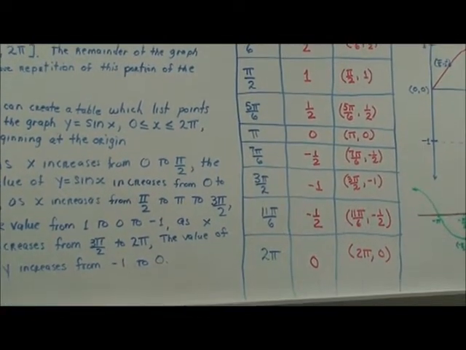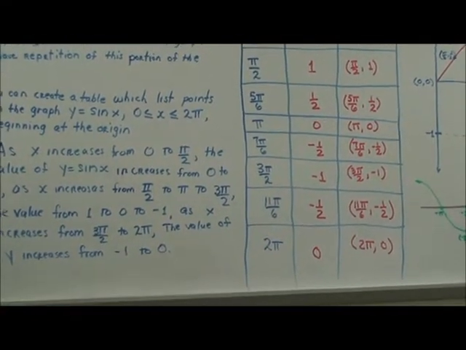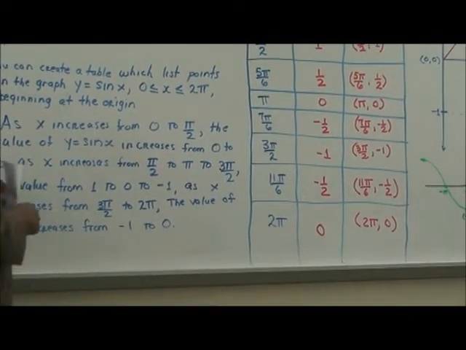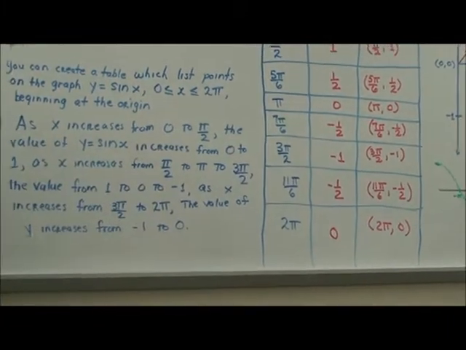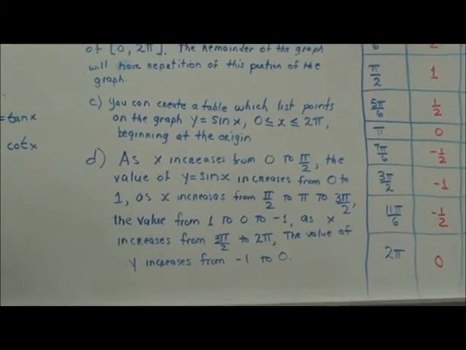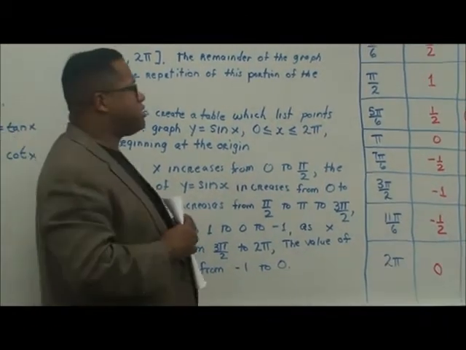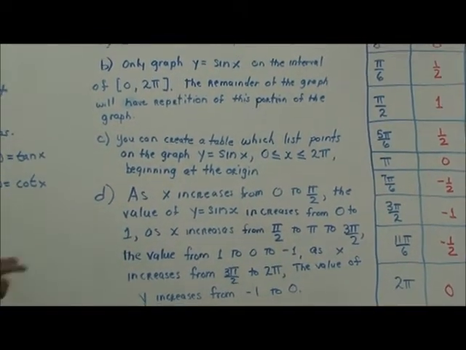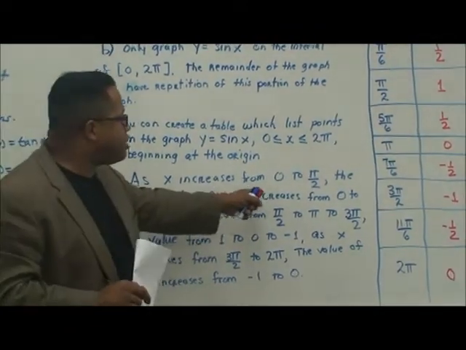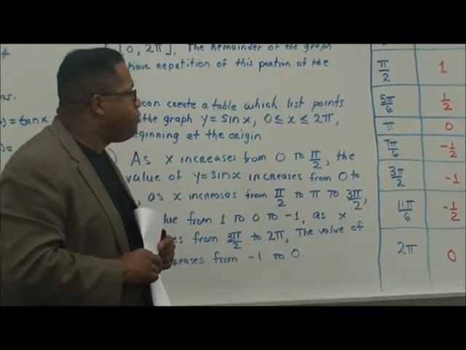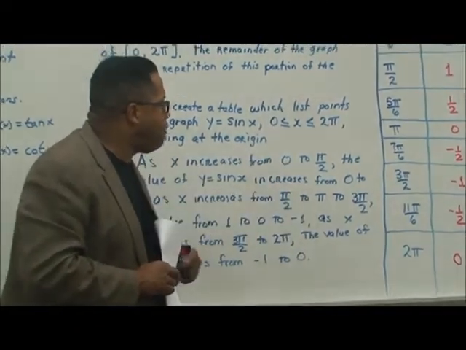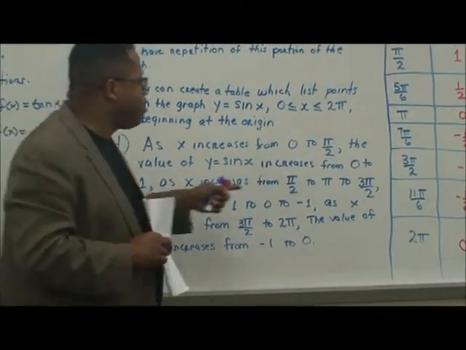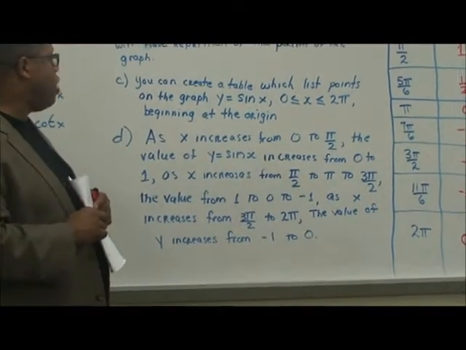So basically, we create a table which lists the points on the graph of y is equal to sine x, and you have this interval from 0 less than or equal to x less than or equal to 2 pi, at the beginning of the origin. Now, as x increases from 0 to pi over 2, the value of y is equal to sine x increases from what? 0 to 1.